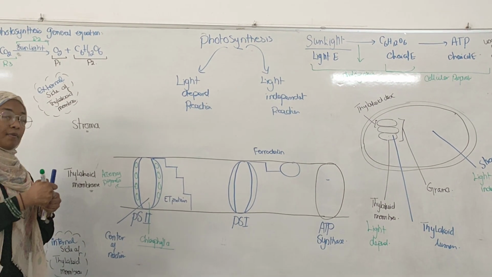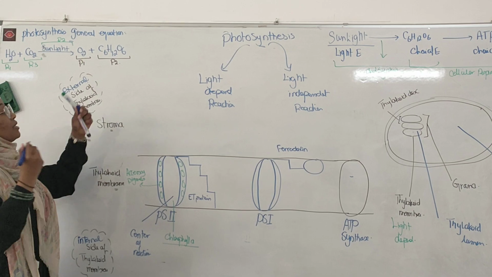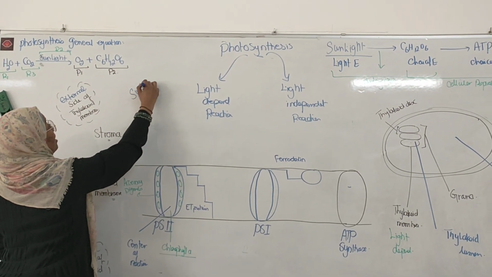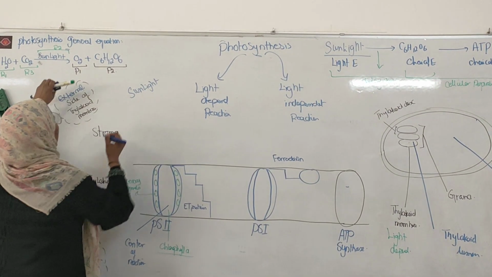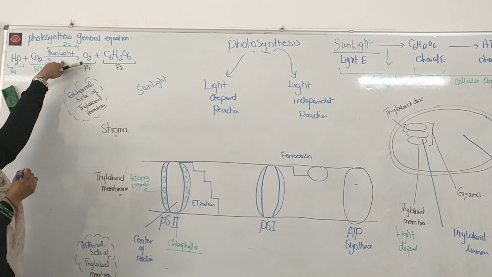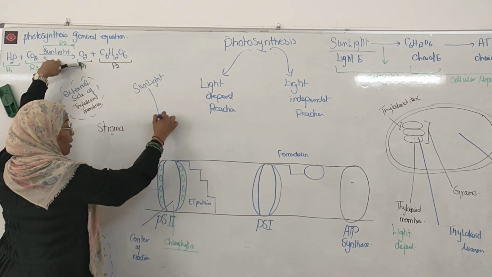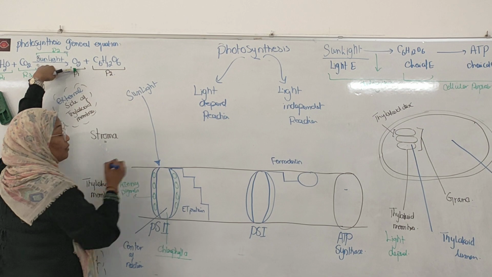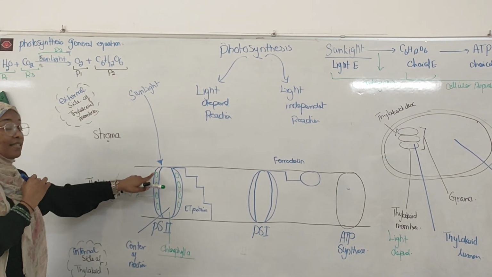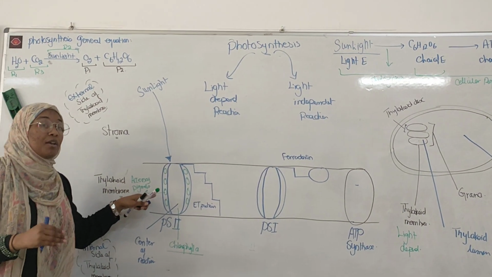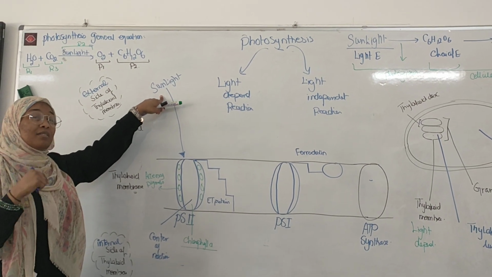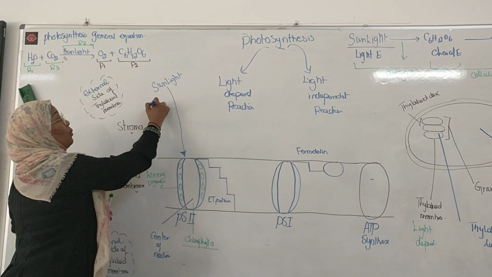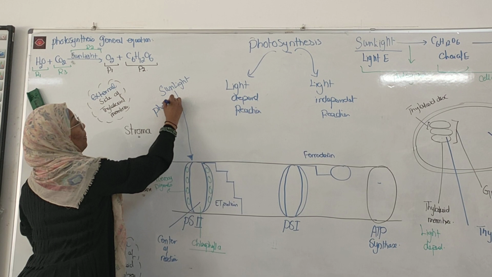What really happens? Let's start with the steps. When sunlight, which is a major reactant for the light-dependent reaction, strikes the leaves or any part of the plant that contains chloroplast, accessory pigments receive the sunlight energy. We call the sunlight energy a photon.